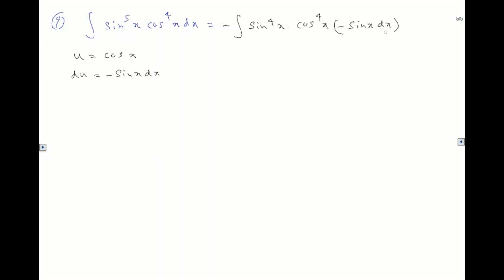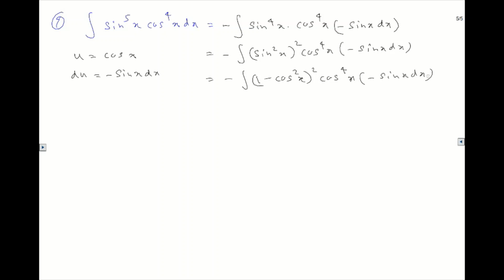Now we can substitute for this. So this simply becomes negative. Sine 4 we can write as sine squared, and this is cosine 4x times negative sine x dx. So let's substitute now. It's a negative, but this one is actually 1 minus cosine squared x from the Pythagorean identity, and then you square that, and then you have cosine 4x times negative sine x dx.